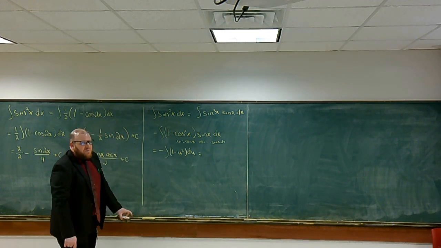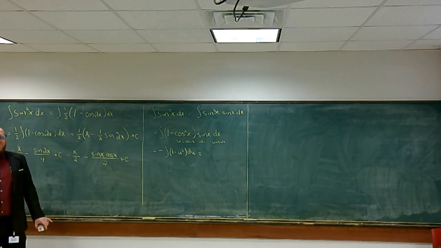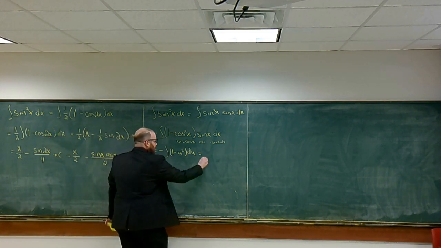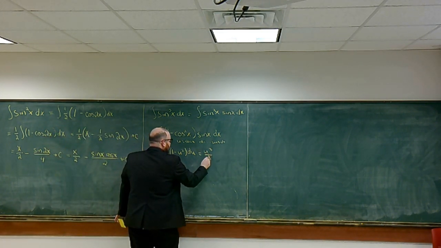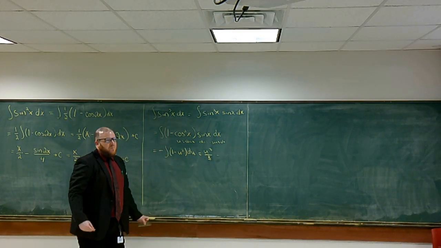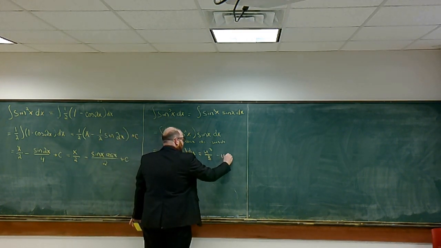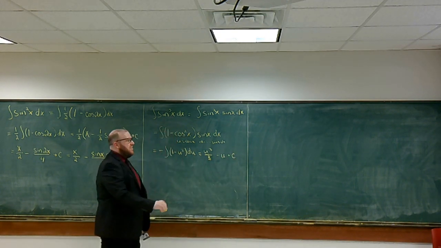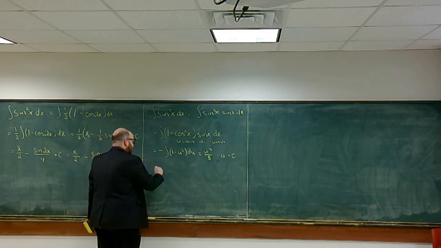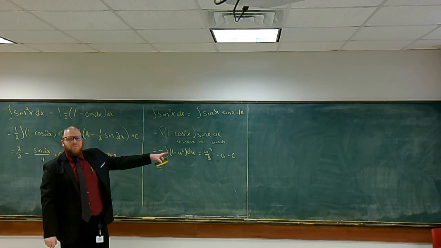So I'll start with the antiderivative of u squared, which is u cubed over 3. Then minus antiderivative of 1. And then your constant. Remember, you have to now back substitute.